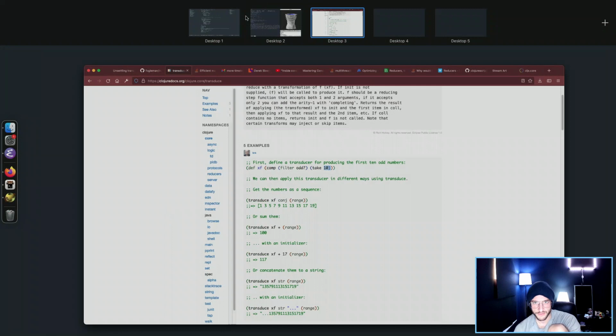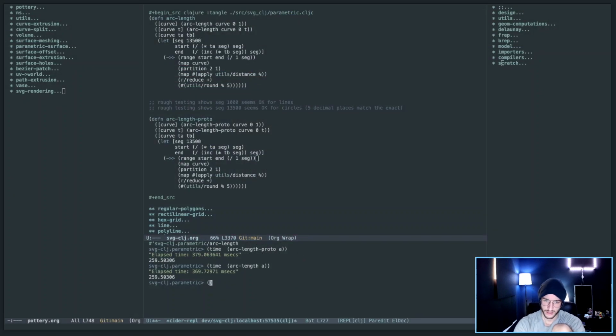Sorry, let me, if I take the first, if I filter odd from the first 10, which I'm just gonna take 10 from range, and if I do reduce plus on that, it's not going to equal 100, it's 25. So it's running slightly differently.